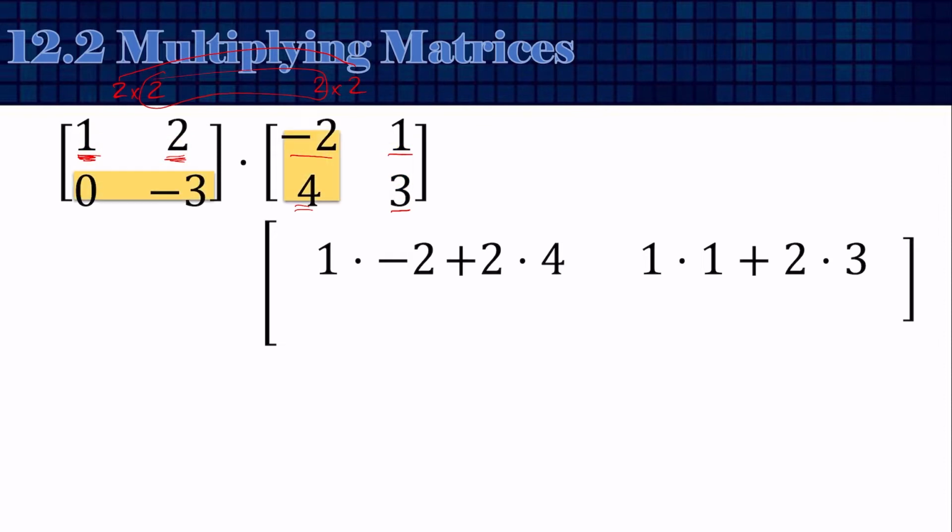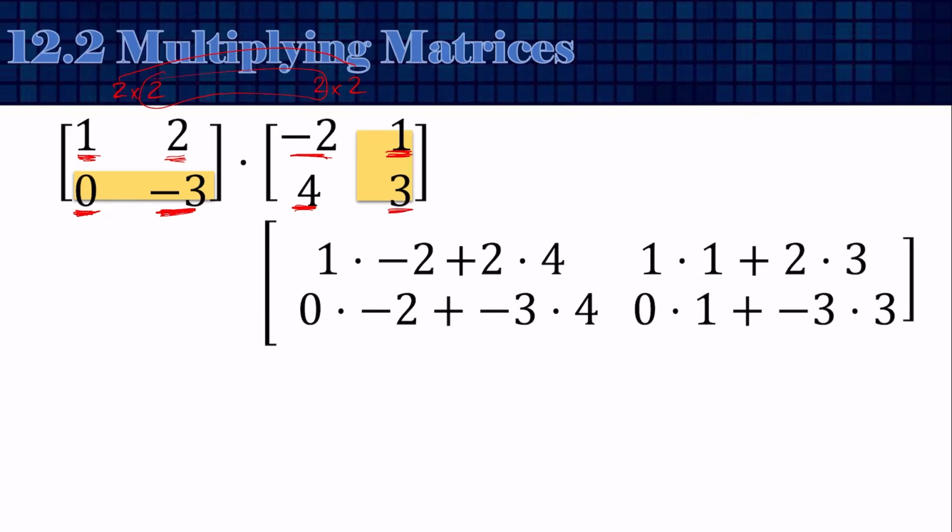Second row, first column: 0 times negative 2 plus negative 3 times 4. And then second row, second column: 0 times 1 plus, and then you move along, negative 3 times 3.